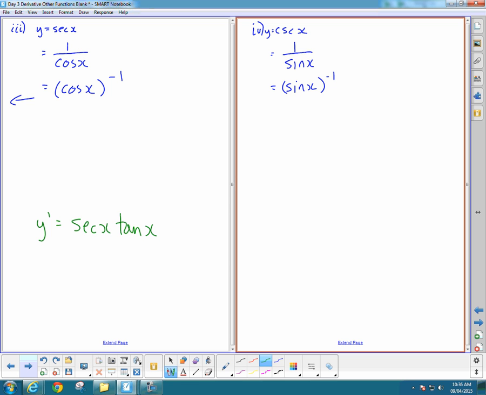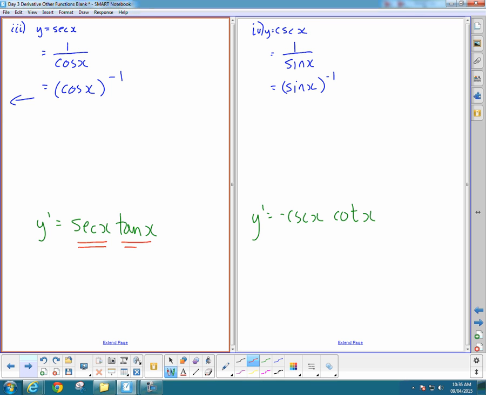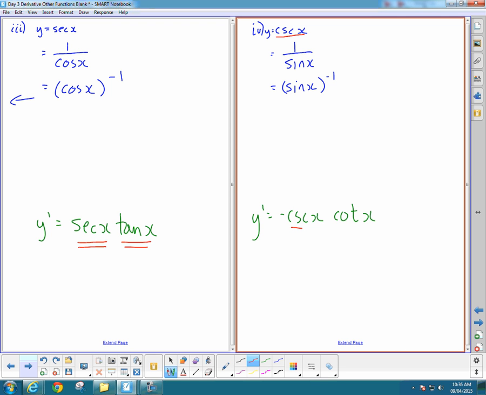You may or may not be able to guess this, but the derivative of cosecant is negative cosecant x cotangent x. And once you write these out, you start to know some patterns. The derivative of secant is secant and then tan. And the derivative of cosecant is negative cosecant, and then the opposite of tan, which is cotangent.